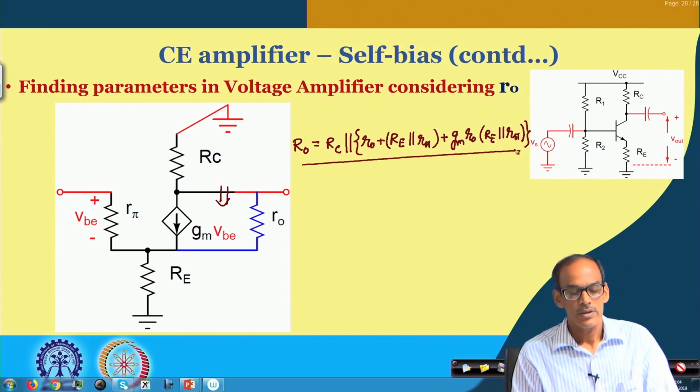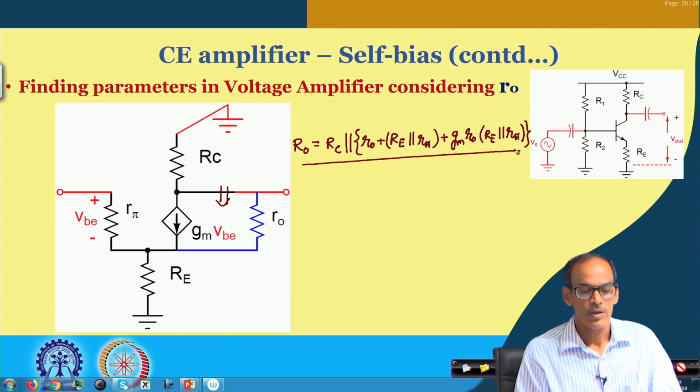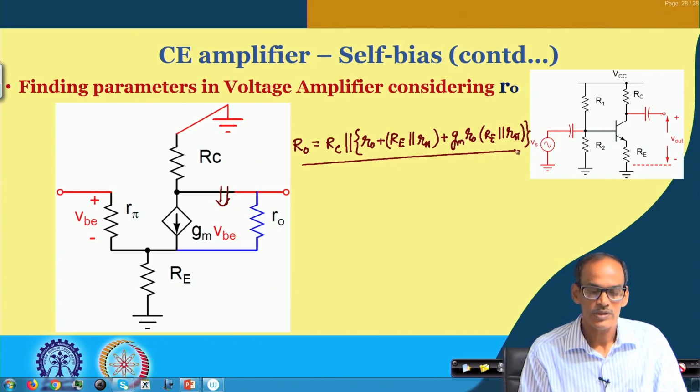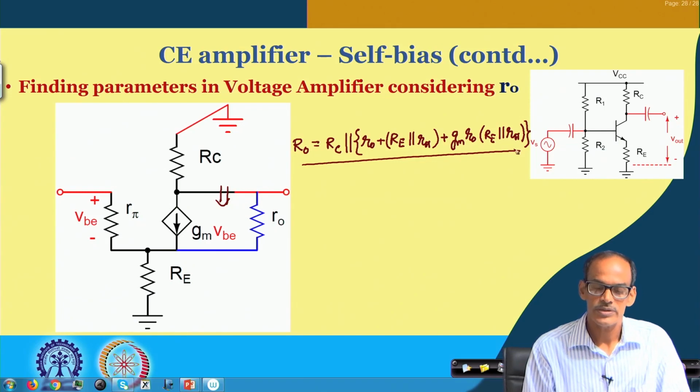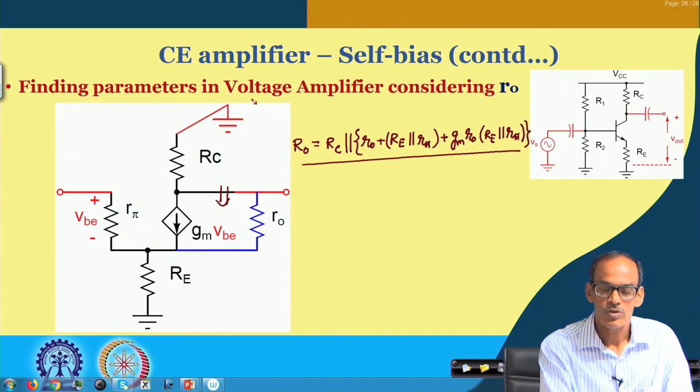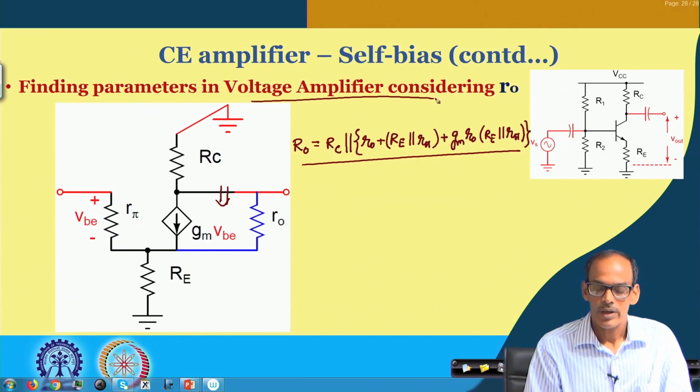So, that is the mapping of the CE amplifier with self bias onto a voltage amplifier and the corresponding different parameters.